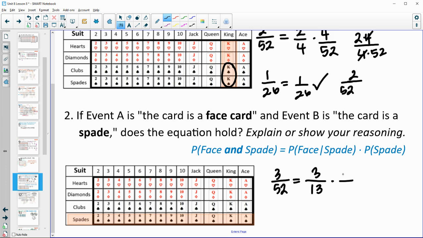So a spade, there are 13 spades out of 52. So then when we multiply these, we can see that our 13s are going to simplify out to 1. And this is going to reduce to 3 out of 52 and give us the same as just pulling the face card and spade off the table.